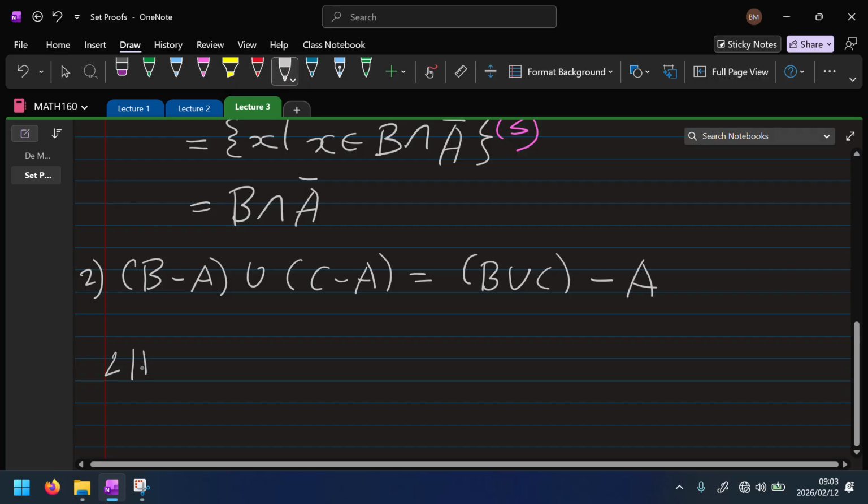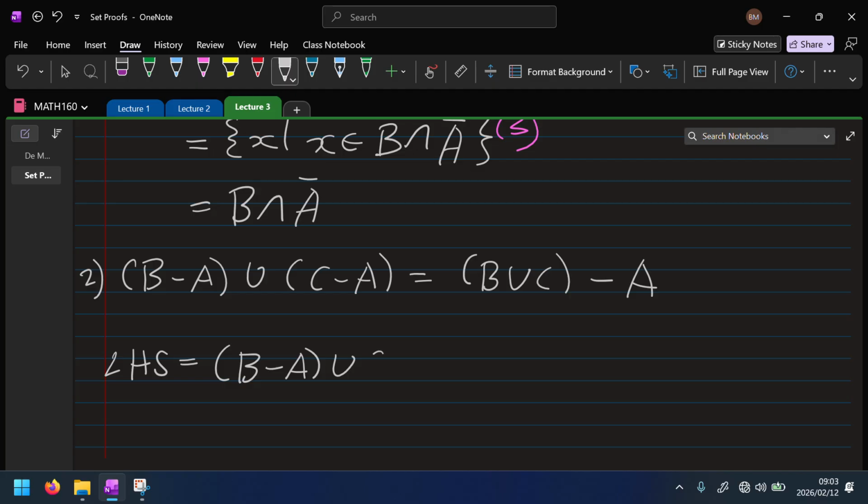So left-hand side. So this is going to be all of the X such that this is a union. So any X must be in here or in here.